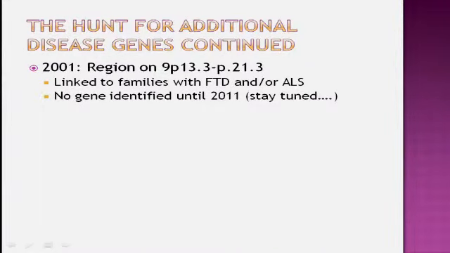But that didn't explain all cases of familial FTD. As you saw, there were about 40 to 50% that are familial, so the hunt continued for additional genes. In 2001, a region on chromosome 9 was linked. When I say linked, what I'm referring to is that when they look at the genome of multiple individuals from the same family, they look at markers.